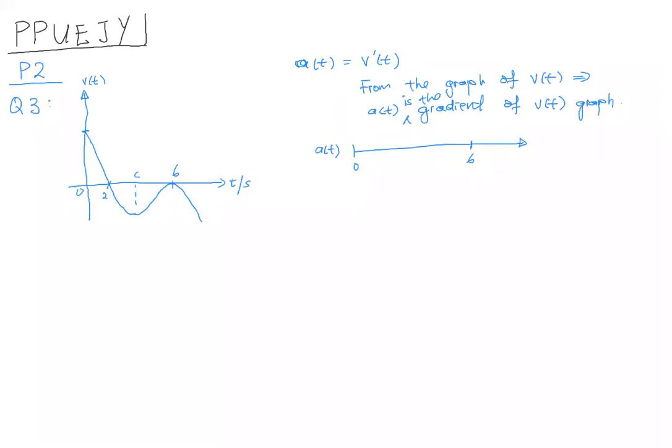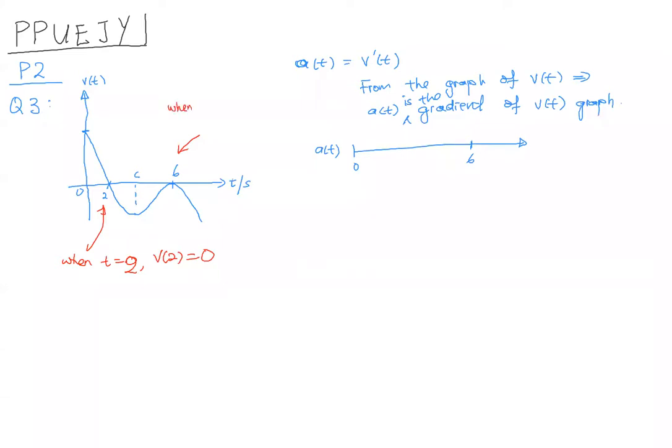Okay, you say 2. If I look at the graph of VT, correct? This means when T equal to 2, V2 is equal to 0. Not acceleration is equal to 0, it's velocity equal to 0. And when you say 6, I agree, because this is the stationary point.